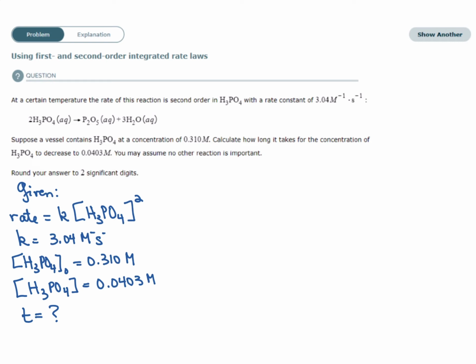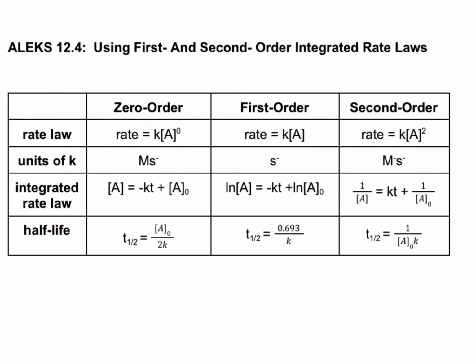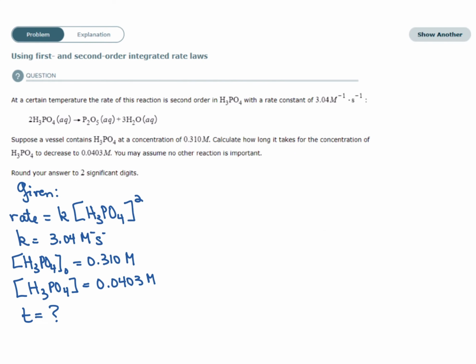I also want to compare now my final concentration to my initial concentration. And this is a second order reaction. So I'm going to use the integrated rate law for second order reactions, which is this one. So I'm going to go ahead and write that equation out.